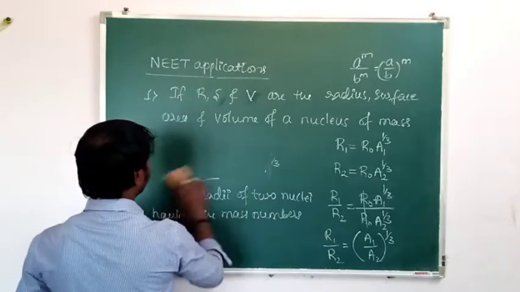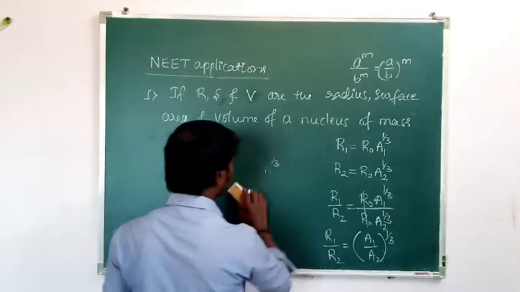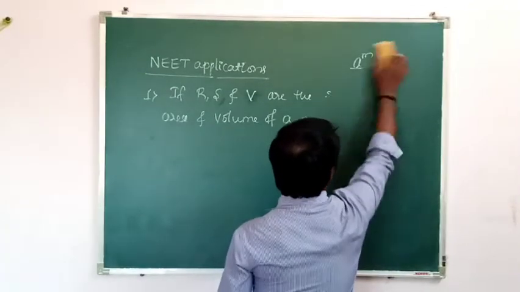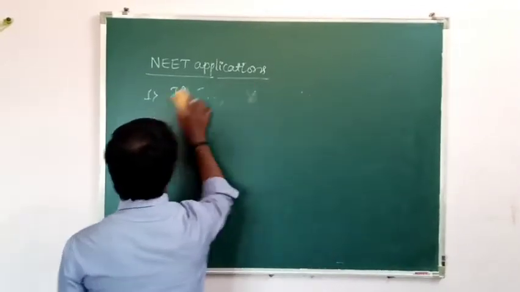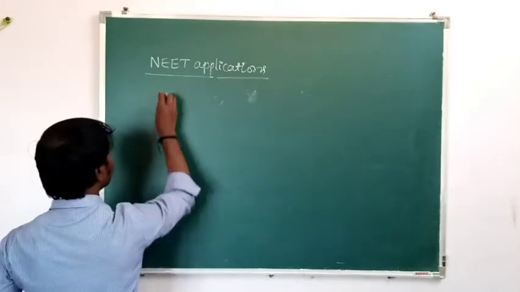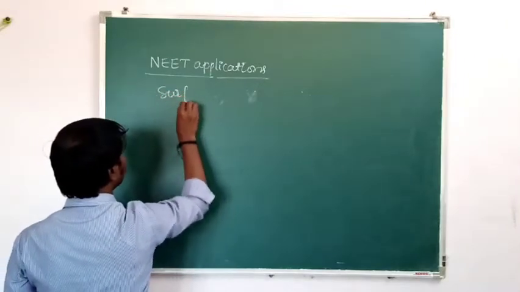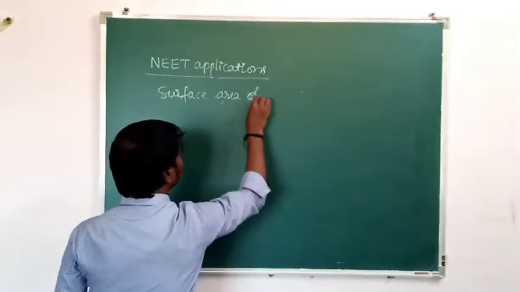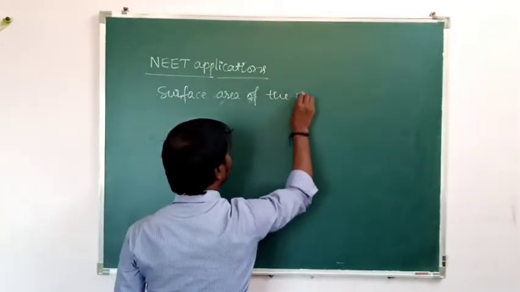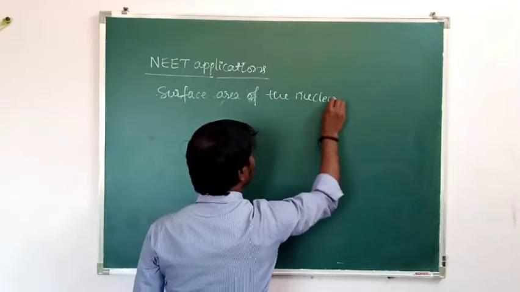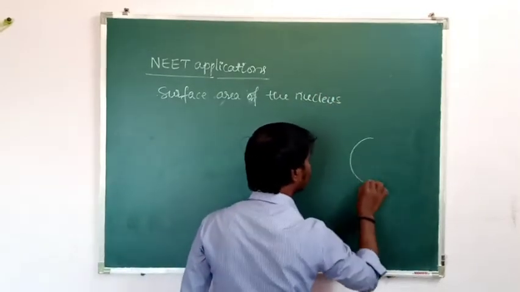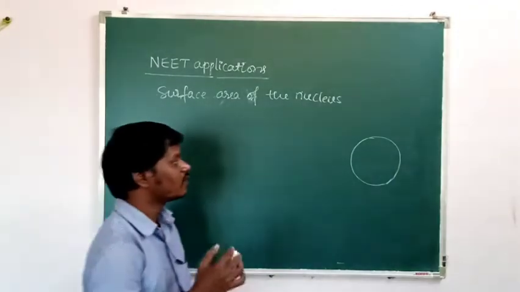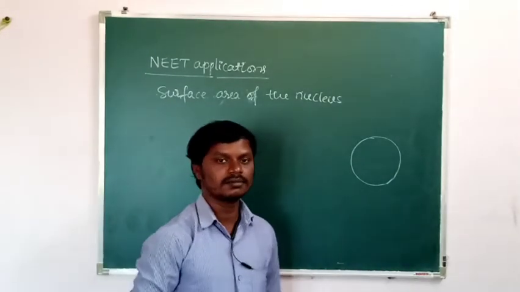So next we are going to discuss the surface area of the nucleus. Let us consider it is the nucleus, the central part of the atom, and its size is about 10 to the power of minus 15 meter.